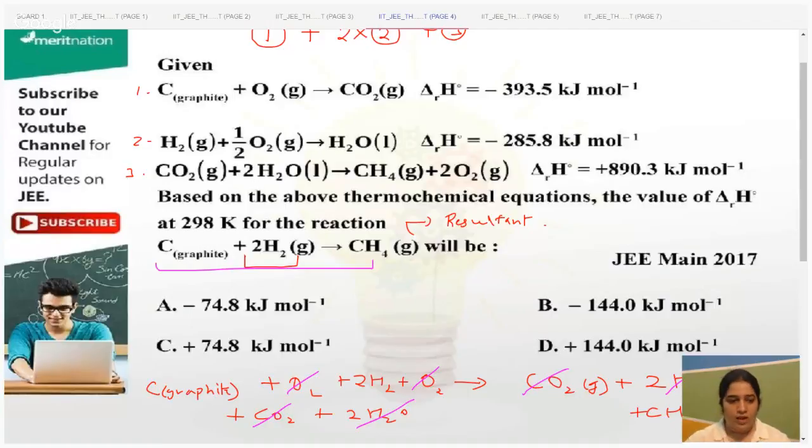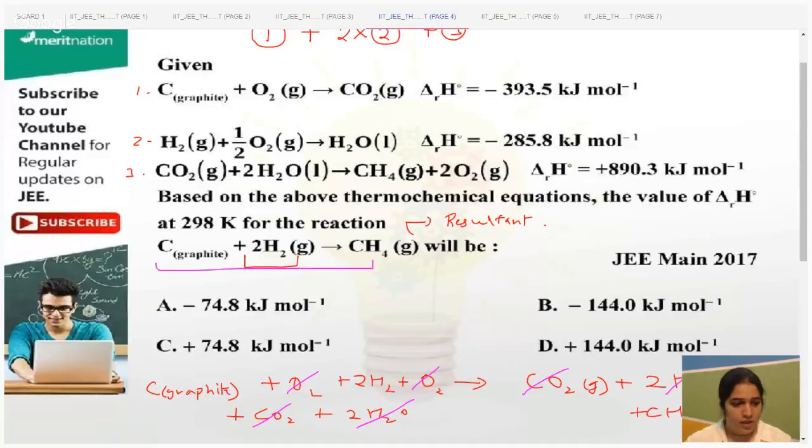If, in the first reaction, the carbon is given to us on the right hand side, what we will do? We will subtract this equation. We will not add it, we will subtract this equation. If it would have been given to us on the right hand side.